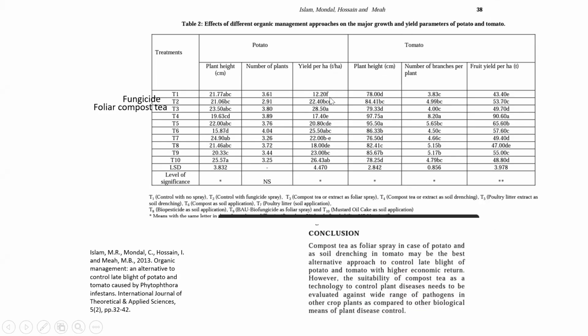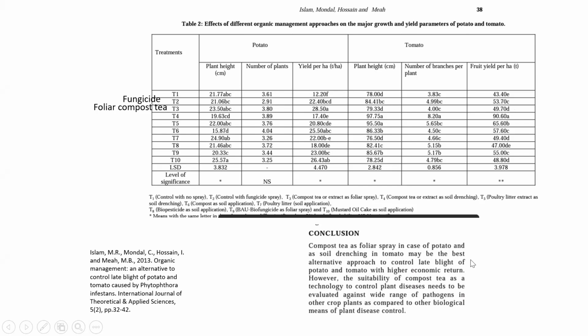Here's the yields from those studies. You can see how in potato the yield was increased massively by using compost tea, and the yield was also increased with tomato by adding compost tea, and the compost tea was almost as good or better than the fungicide. So compost tea as a foliar spray in the case of tomato, and soil drenching, it can be used in different ways.